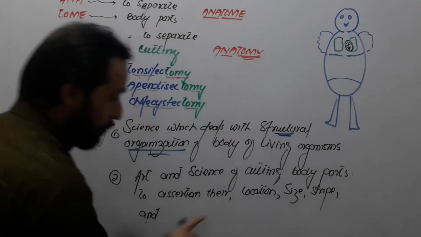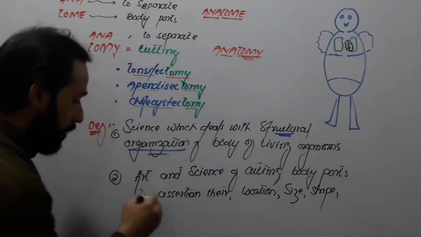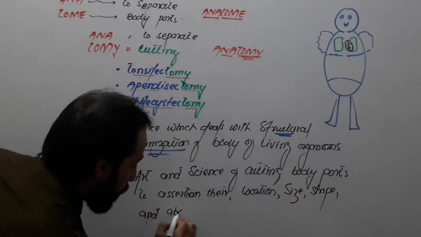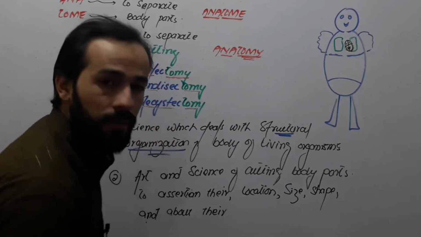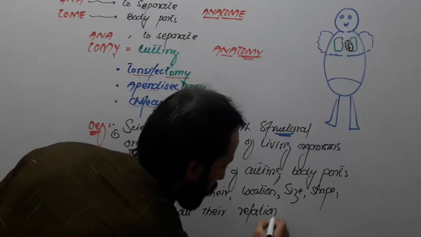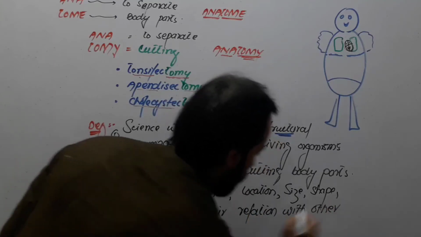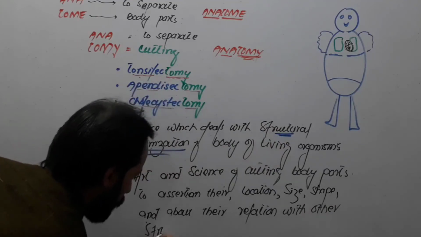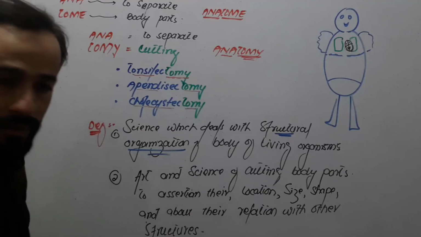So we want to know about their location, about their size, about their shape, and about their relations with other structures. So this is the definition of anatomy, right, friends?